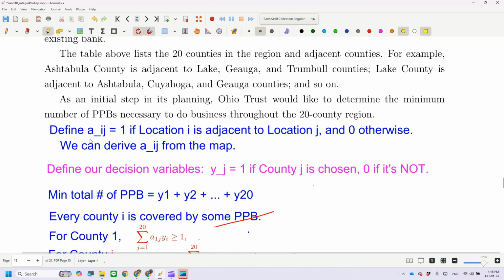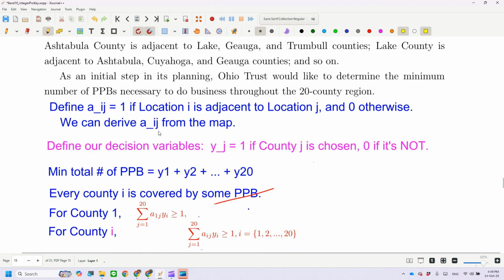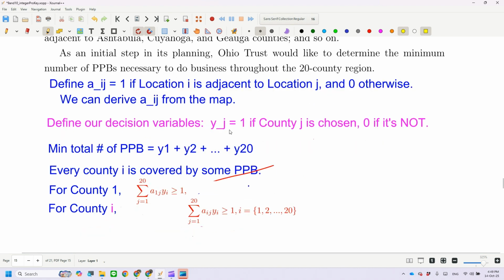So we define aij, so these are parameters. aij is 1 if location i is adjacent to location j and 0 otherwise. And so we can get aij from the map. And then we define the decision variables.